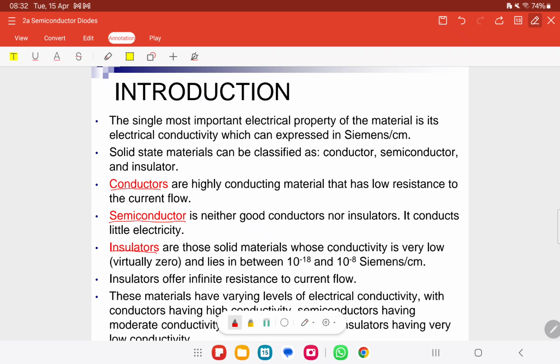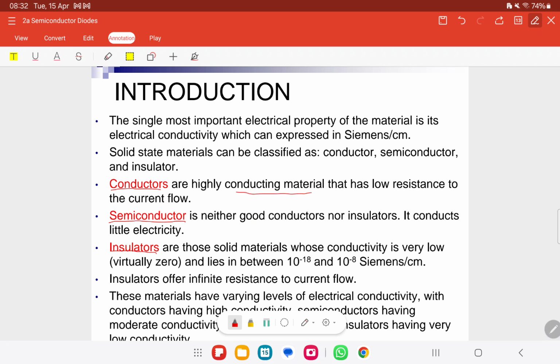Okay, the conductor is the material that can conduct electricity. The current can flow easily in the conductor. From one end to another end, the current can flow because it is a conducting material.